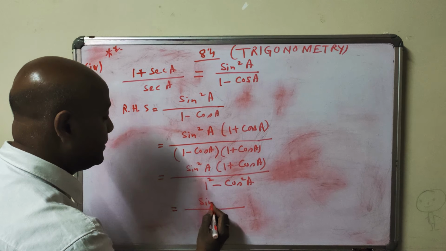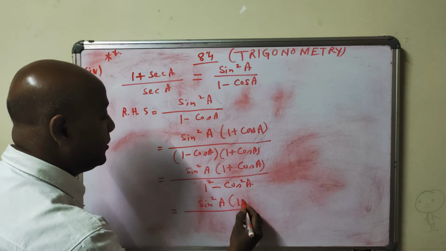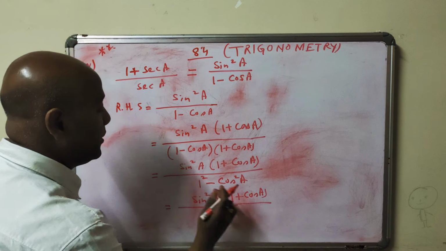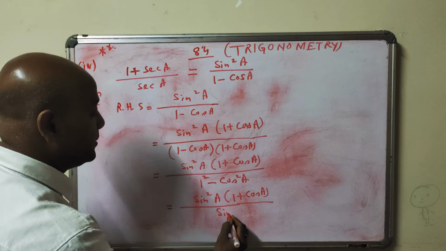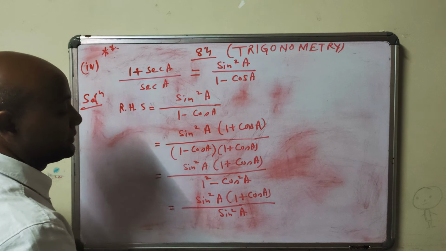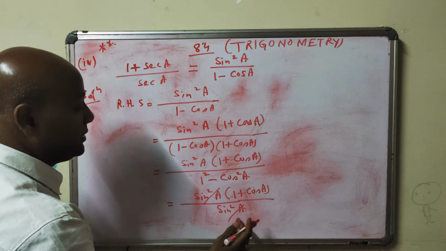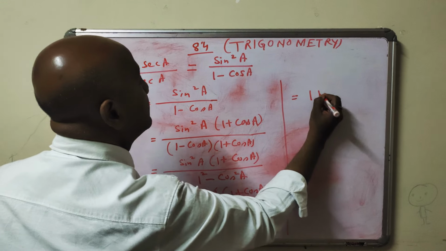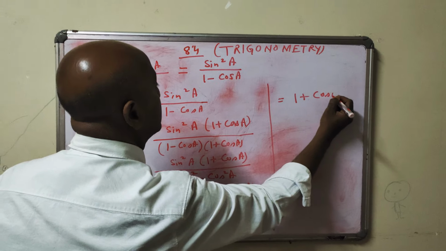It will be sin square A into 1 plus cos A. 1 minus cos square A means sin square A. So this will cancel. Only you write downward. I am going to write here 1 plus cos A, you get.